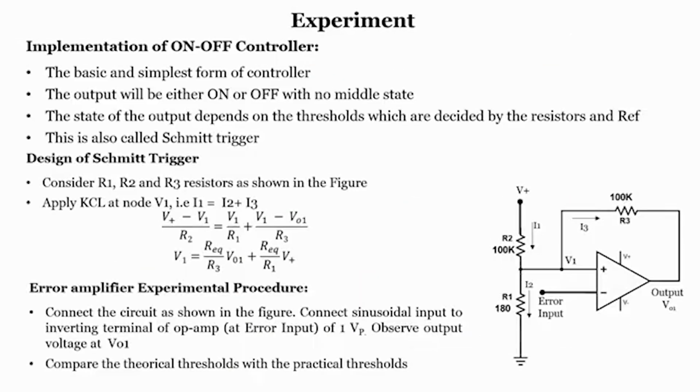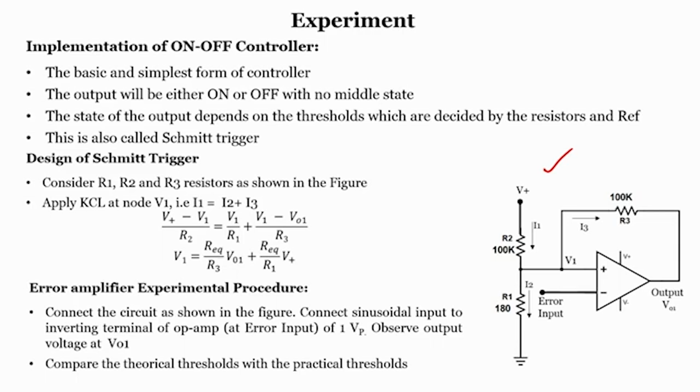So, how do we design this? The idea is how to design an on off controller using an operational amplifier. This is an inverting type of on off controller, also called a Schmitt trigger. If you recall, we have already discussed on off controllers or Schmitt triggers in our previous session, and this is similar to that.